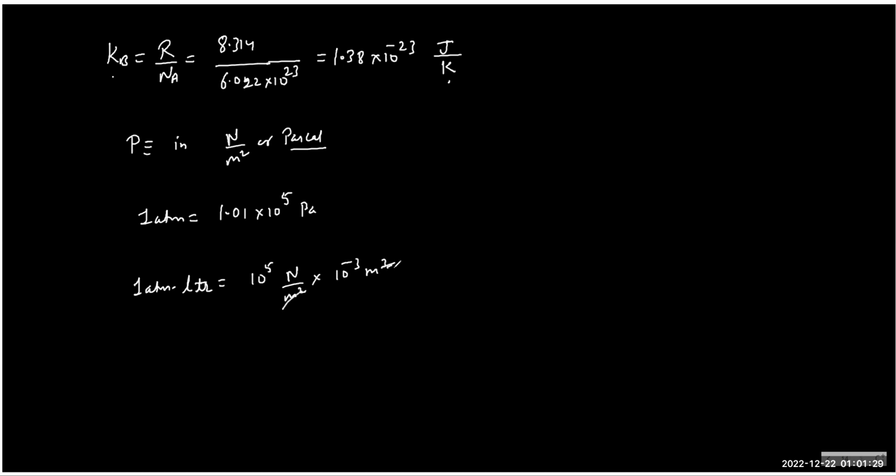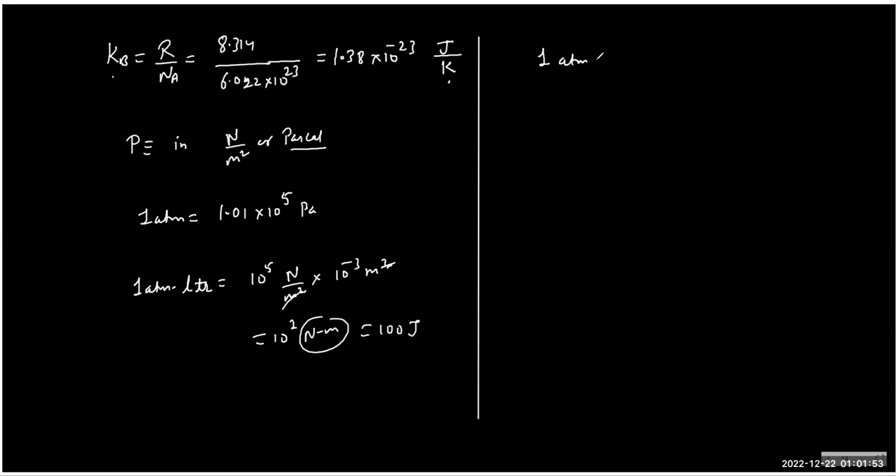So what you are left with is 10 power 2 Newton meter, and the Newton meter is called joule. So you must remember that 1 atmospheric liter is 100 joules. So when you're solving a question in which pressure is in atm and volume in liter, don't disturb it, solve it that way. At the end, convert. So I hope you can remember this: 1 atm liter is 100 joules. Clear to all of you?